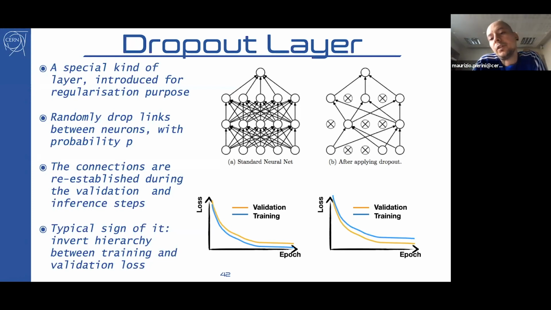And then you go from the fully connected model you see on the left to the model you see on the right, where some of the connections are just switched off. Because of this harassment that you're applying on your network, where you're taking out connections randomly, sometimes one connection, sometimes another, the network that you effectively use is always different from the full model.